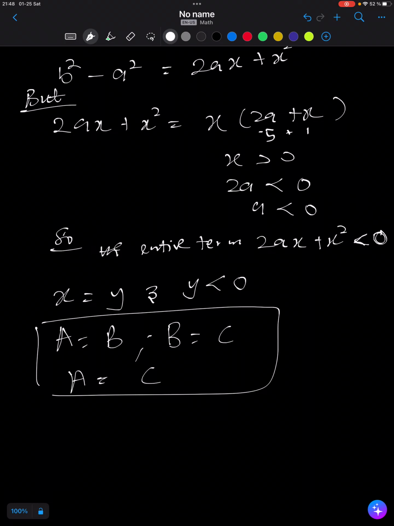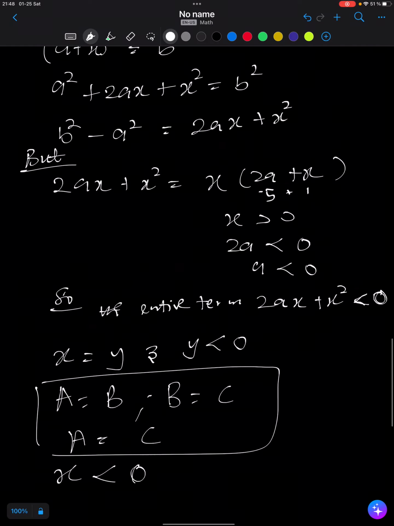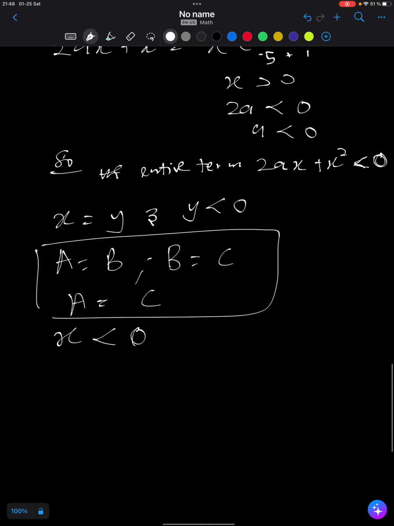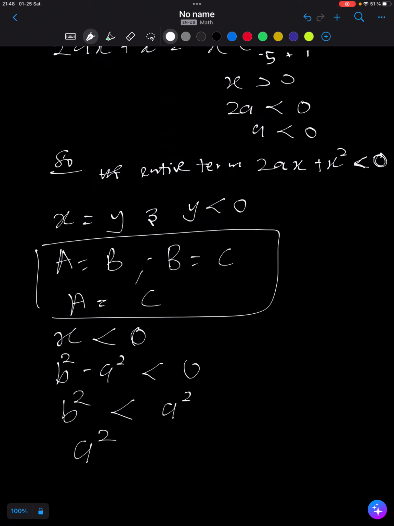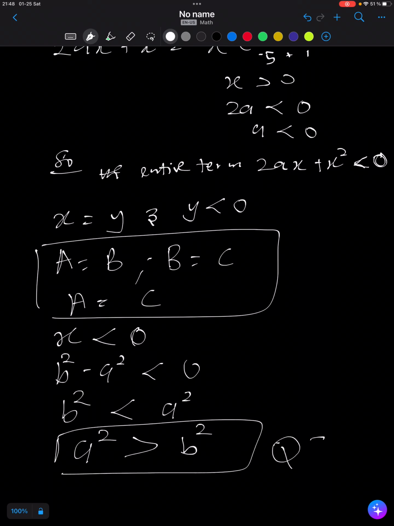I can't remember what property that is. Basically the qualities of y also transfer onto x. I hope that's correct. I would ask ChatGPT. So it then means that x as well is less than 0. And so applying that intuition, we have that b squared minus a squared is less than 0, and then we have that b squared is less than a squared, or that a squared is greater than b squared. And this is what was required.